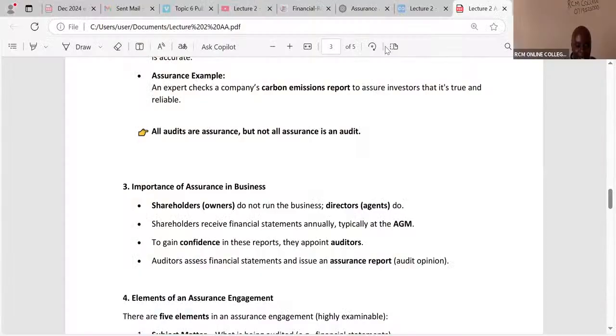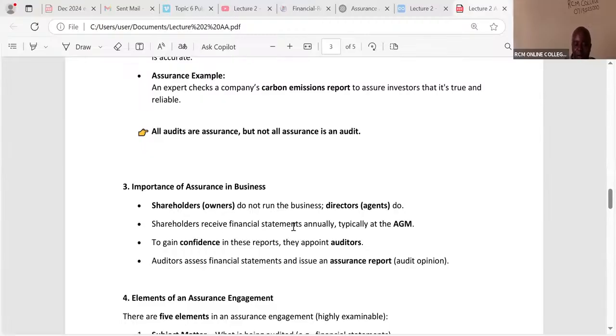Great. And then here, we are given the importance of assurance. Why would you want these assurances to be done? And remember, audit is part of this assurance. So shareholders, owners do not run the business. Who does? It is the directors. So directors are agents.